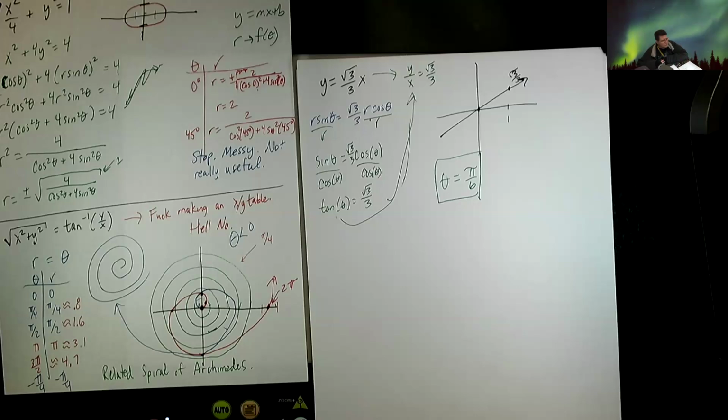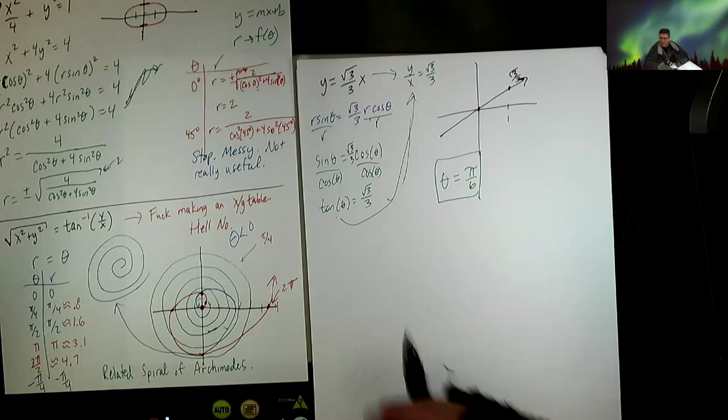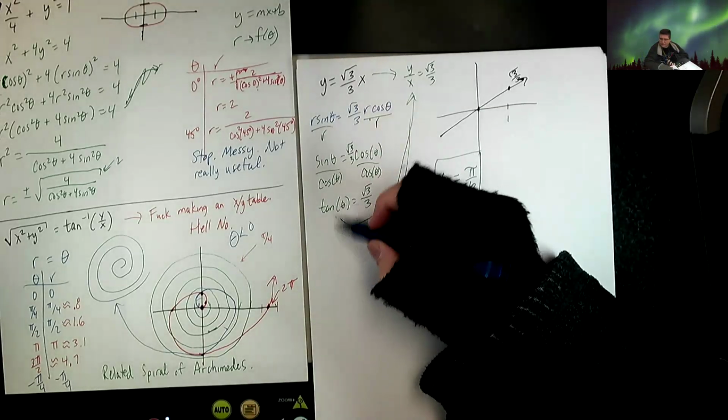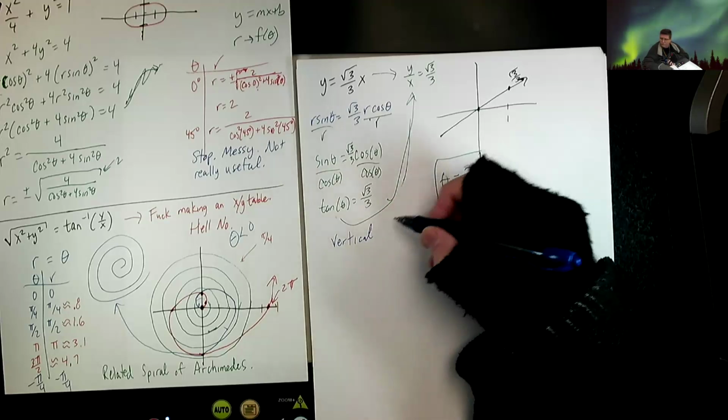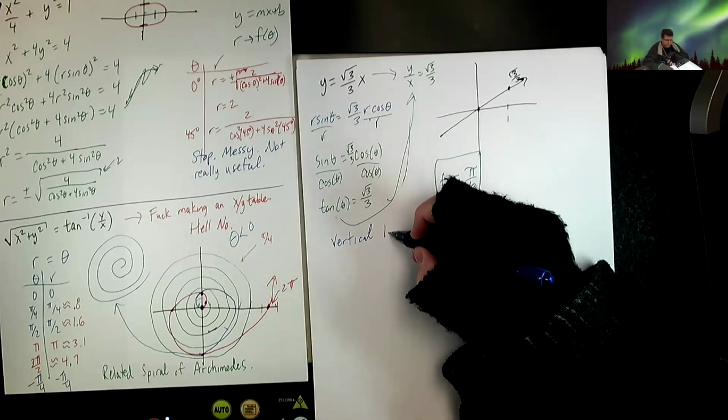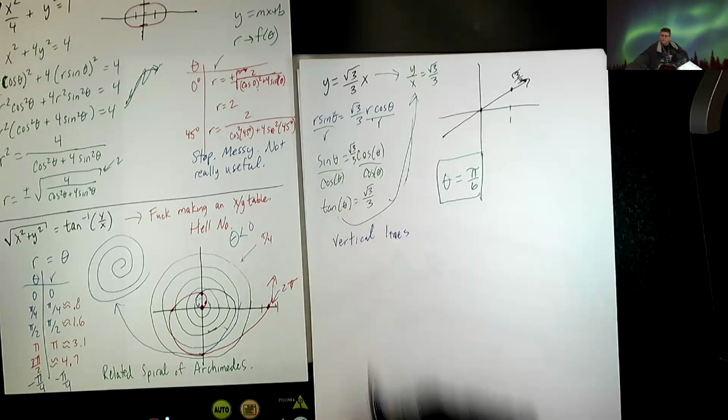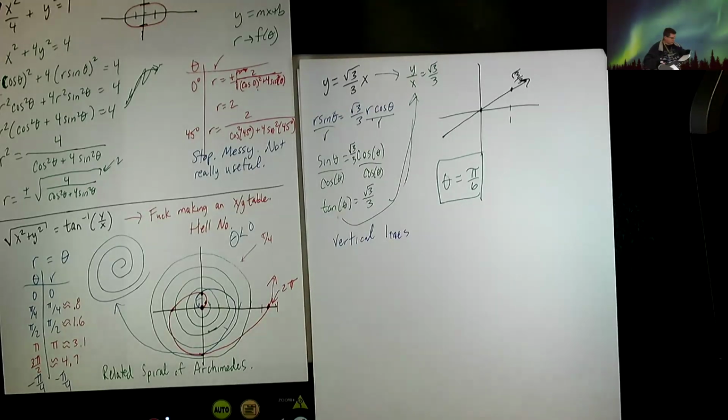In general, lines are not worth switching. Don't switch lines. Lines are confusing in polar. For example, a vertical line, I write it down here. What is it?